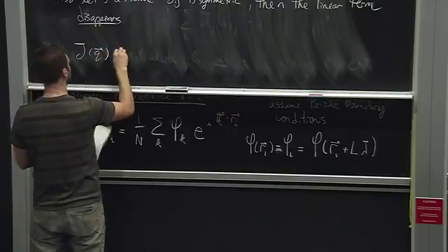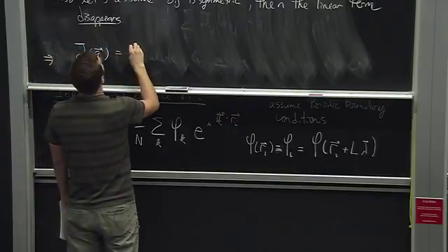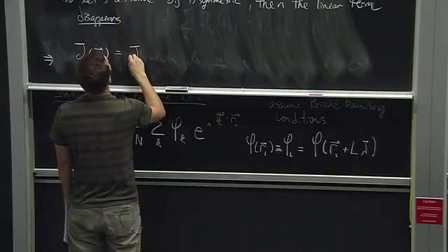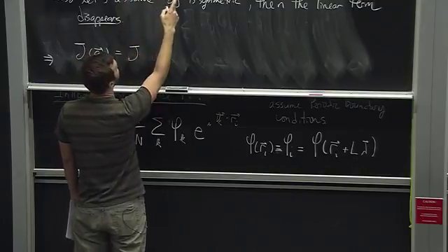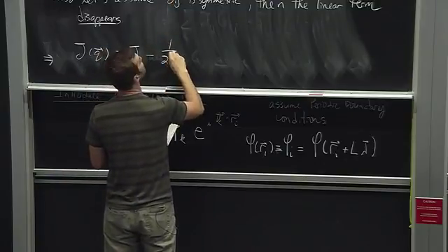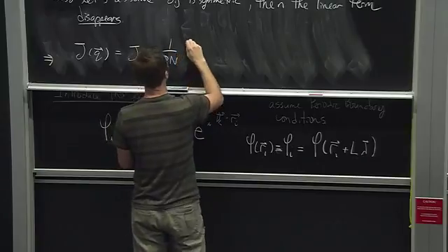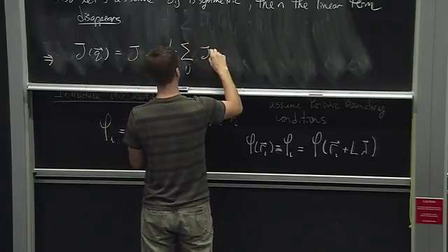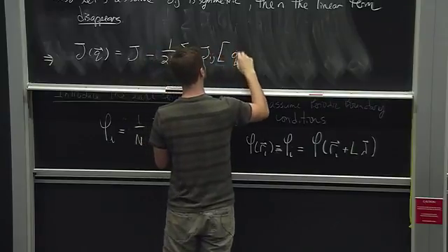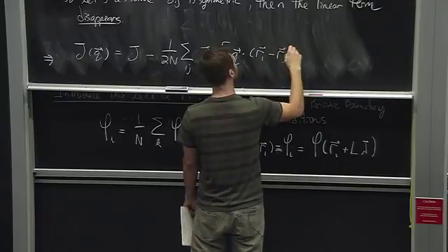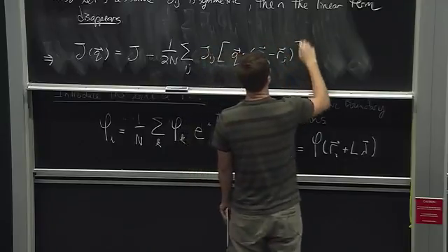So I think this will help us write J of Q. Okay, that first term, I'm just going to call it J. The linear term, I'm going to call 0. So I'm going to have 1 over 2n, squared.